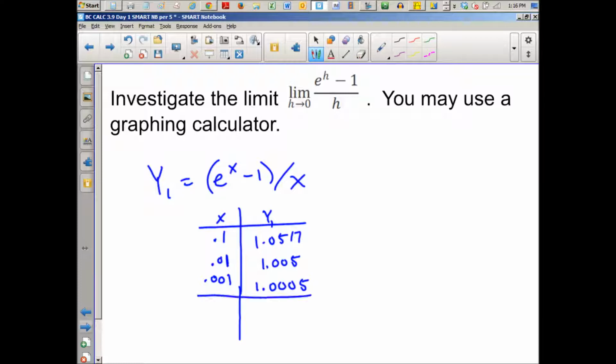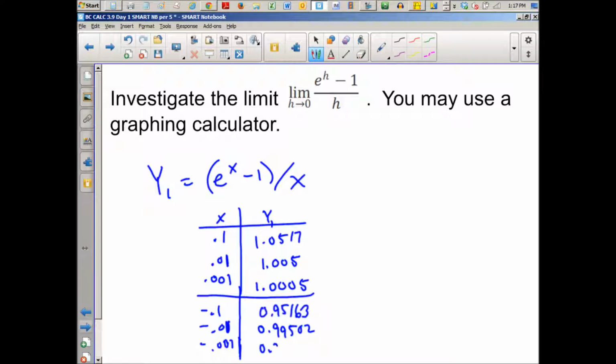Let's try numbers slightly negative. So how about negative 0.1, negative 0.01, negative 0.001. What would that do? This is 0.95163. This is 0.99502.